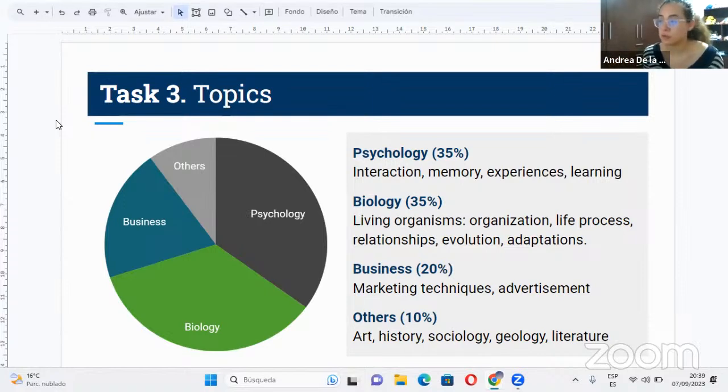That's not what I want you to do. I want you to consume content that contains the target vocabulary. So, for example, for psychology, you can watch TED Education talks, or listen to different podcasts on psychology topics. For biology, you always have National Geographic videos, Scientific American, different podcasts, Discovery Channel.